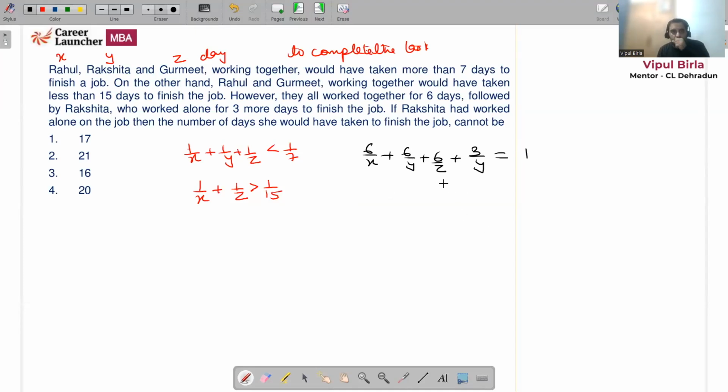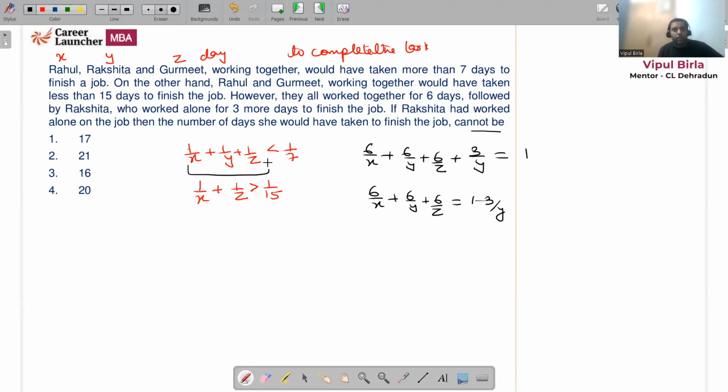Hence, from this, I'm supposed to identify what cannot be the possible value of Y. Now, I know 1 upon X plus 1 upon Y, let's try and write it. So 6 upon X plus 6 upon Y plus 6 upon Z is equal to 1 minus 3 by Y. Right?